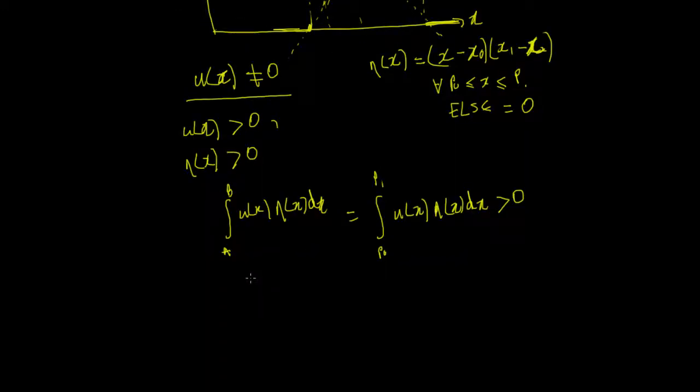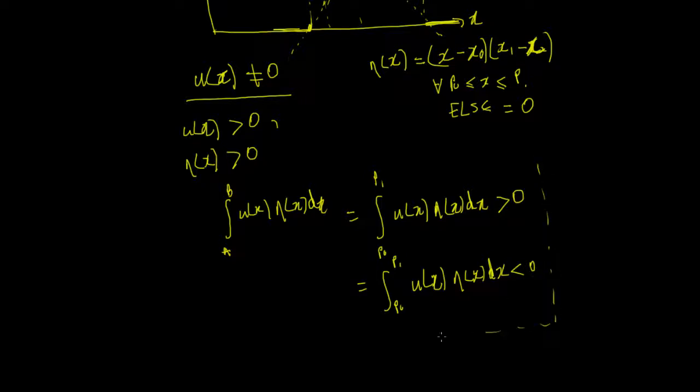Now by the same argument, if we chose a value u of x not equaling 0 and we make u of x less than 0, that's a negative value, then working through we would have the integral from p0 to p1 of u of x times eta of x by dx would be less than 0.